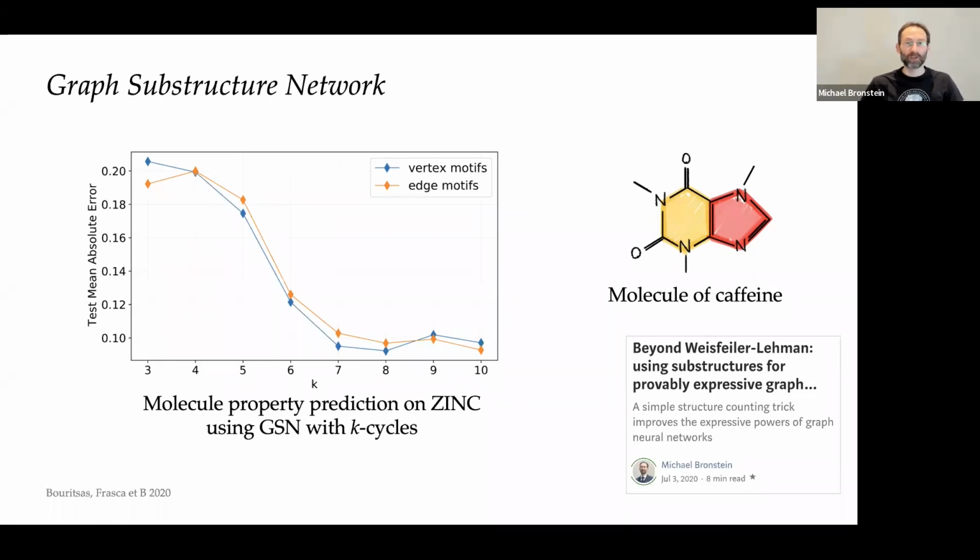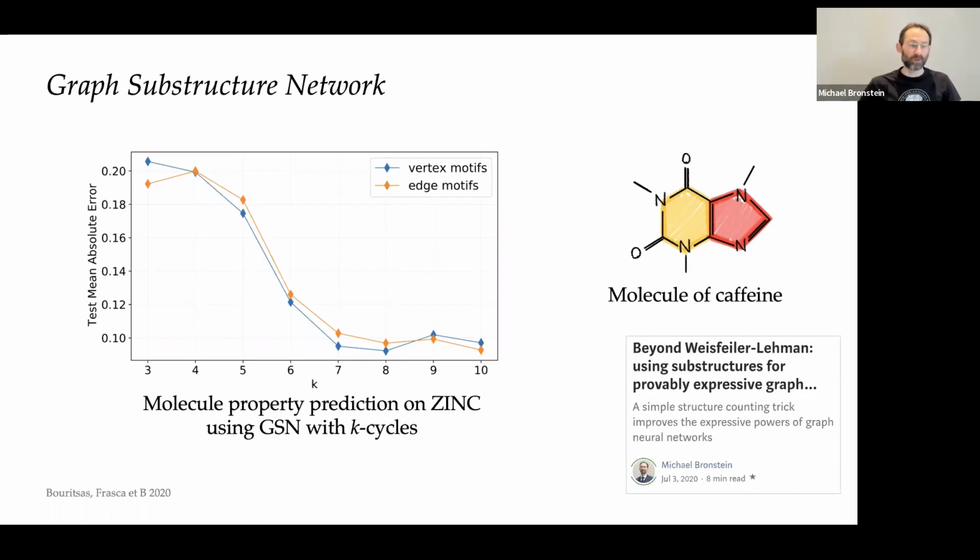This is a way of incorporating interesting problem-specific inductive bias, like in organic chemistry. We have graphs with a lot of cycles. These are, for example, aromatic rings in molecules. The molecule of caffeine I showed before has a ring of size 6 and a ring of size 5.